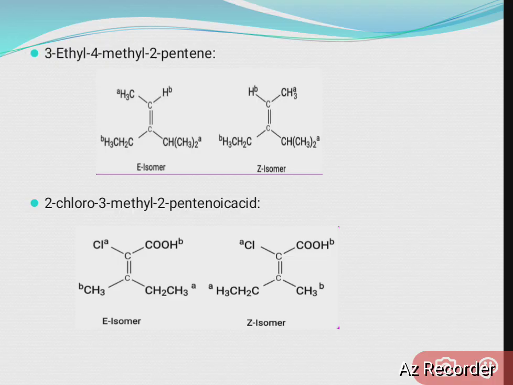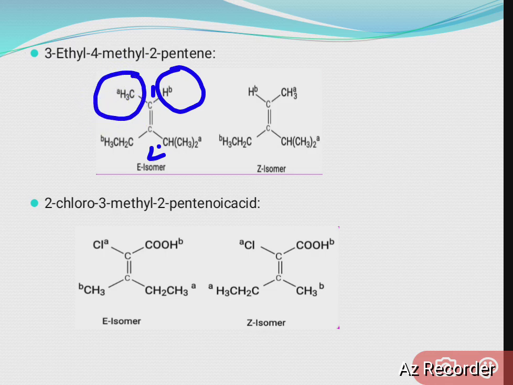Here these are the two given structures. This is the first carbon atom, this is the second carbon atom, involved in the double bond. For the first carbon atom, what are the groups attached? One is hydrogen, the other one is the methyl group.